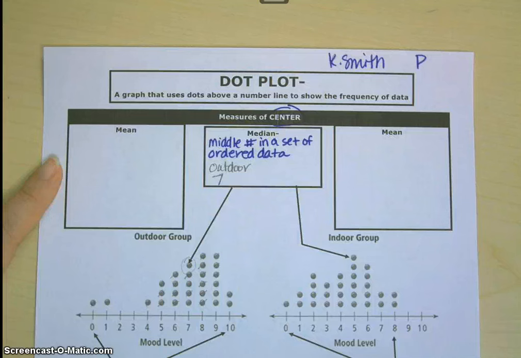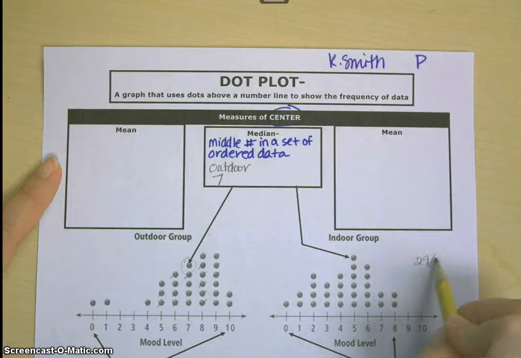The other way you can do it, and I'll show you using this one, is you can count how many there are total. 1, 2, 3, and so on up to 29. So I know there are 29 total. If I divide that by 2, that gets me like 14 and a half.